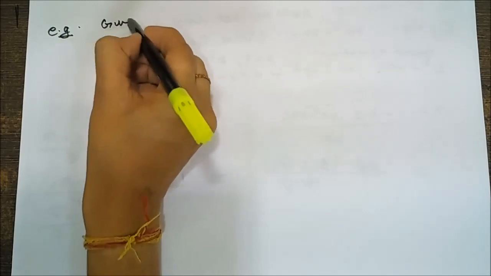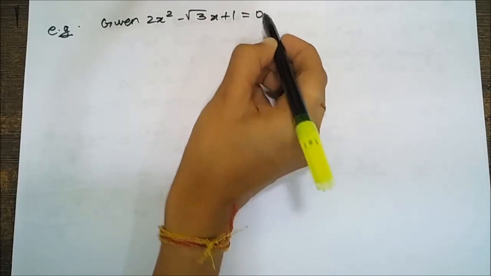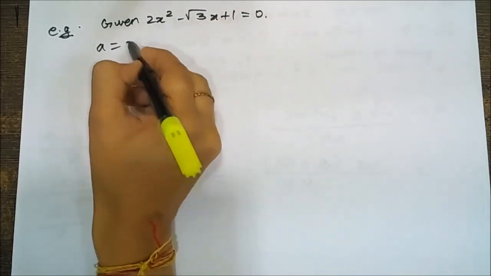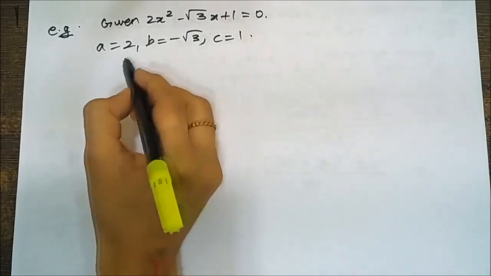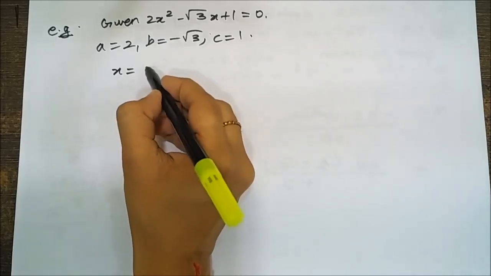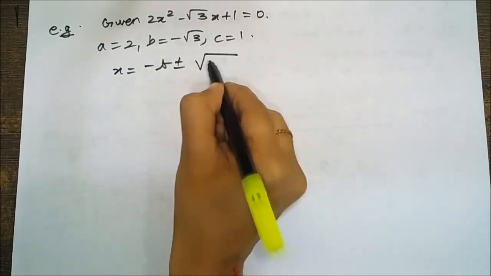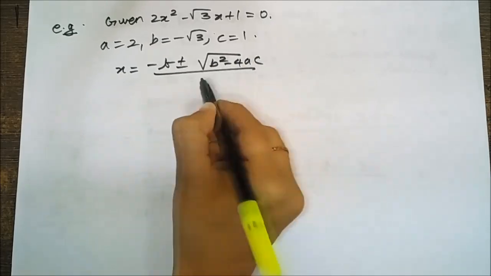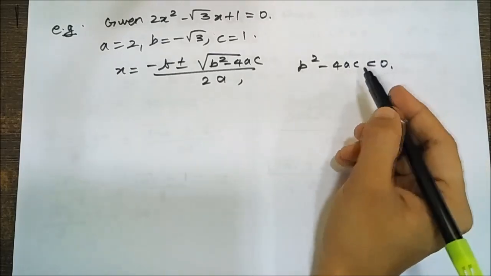One more question. a is equal to 2, b is equal to minus root 3, c is equal to 1. x is equal to minus b plus minus root of b square minus 4ac upon 2a if b square minus 4ac is less than 0.